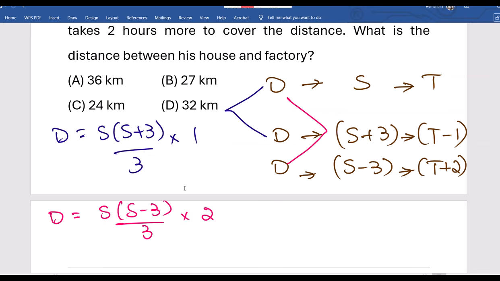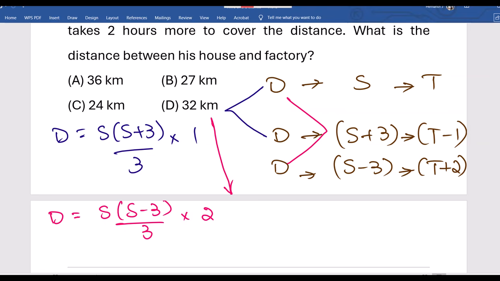Now if we divide these two equations, we'll get S. Once you know S, D can be calculated. What I did here is reduce the three unknowns D, S, T to two unknowns; T is eliminated.